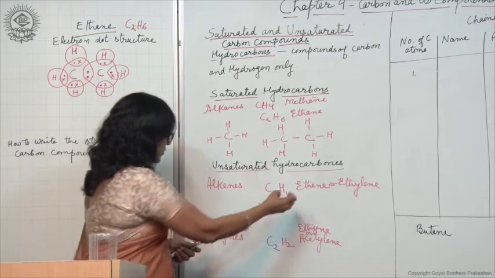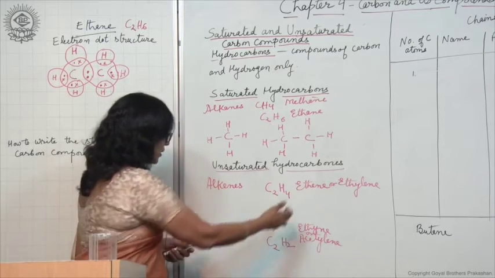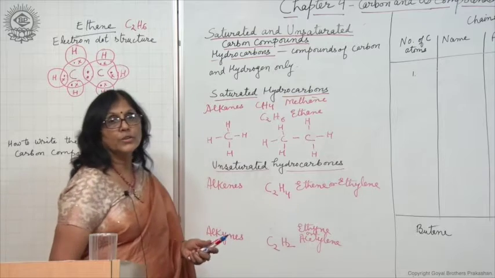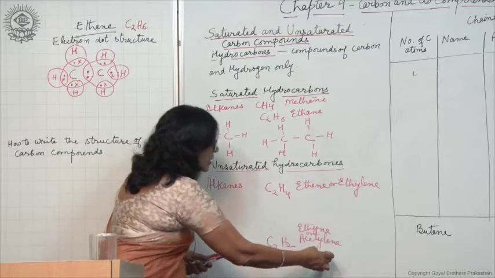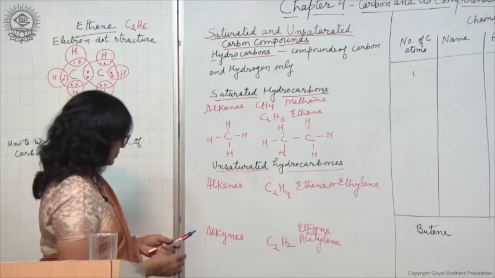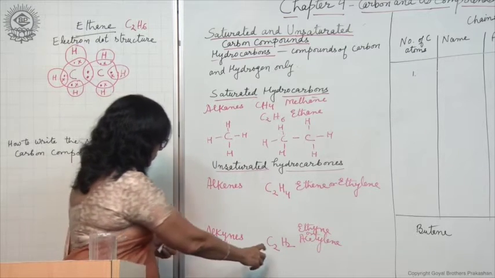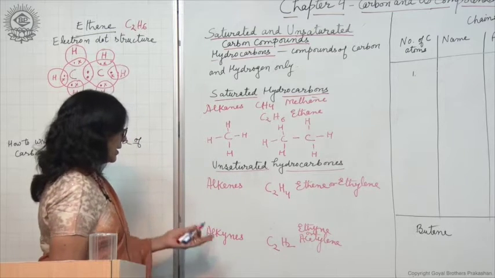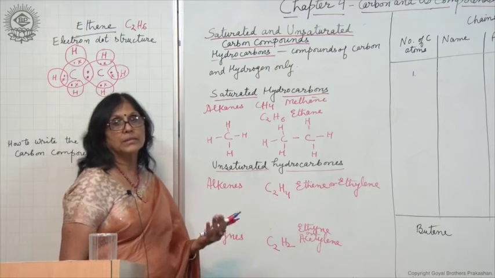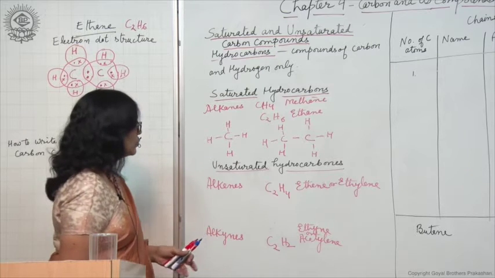We will discuss that just now after some time. Ethene and ethyne are the IUPAC names, whereas ethylene and acetylene are the common names. So, ethyne is the first member of alkynes, followed by propyne, butyne and so on.